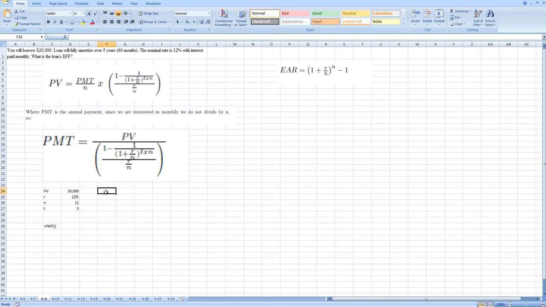We can do this the long way in Excel, where we say is equal to our present value divided by 1 minus 1 divided by 1 plus r divided by n to the power of t times n.